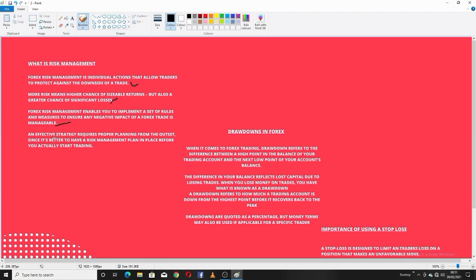An effective strategy requires proper planning from the outset, since it's better to have a risk management plan in place before you actually start trading. So my risk management plan is that each and every trade should give me at least 90 pips, and on the negative side it should only cost me 30 pips.